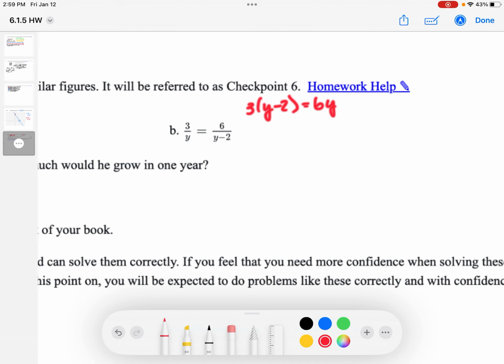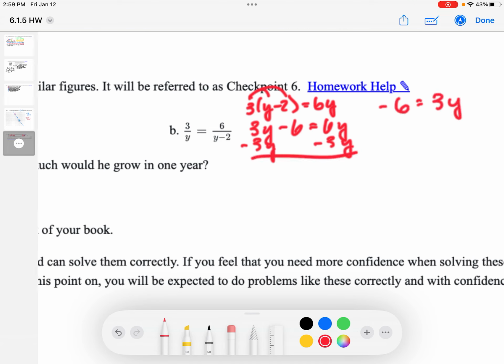Okay, I'm going to distribute my 3 to both terms, so I get 3y minus 6 equals 6y. All right, let's see, I'll subtract 3y from both sides, and I get -6 equals 3y. And now to solve for y, I'll divide both sides by 3, and I get that -2 equals y.